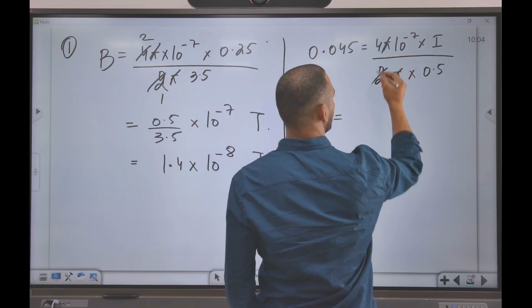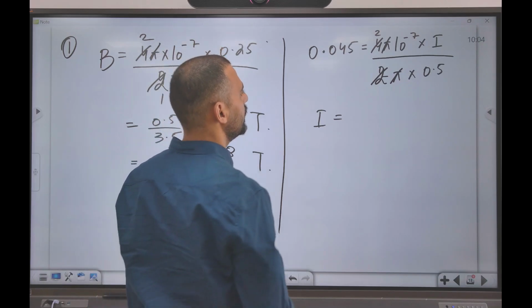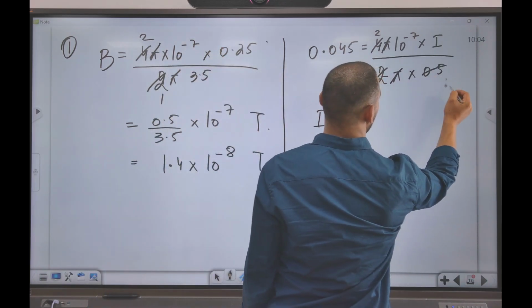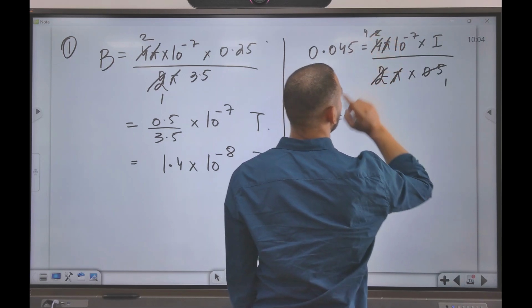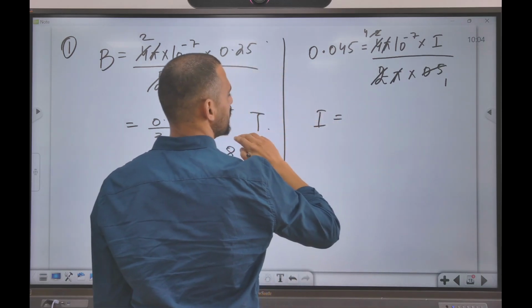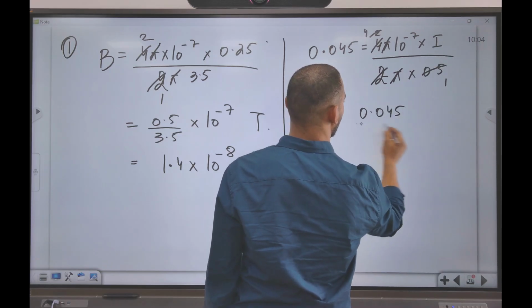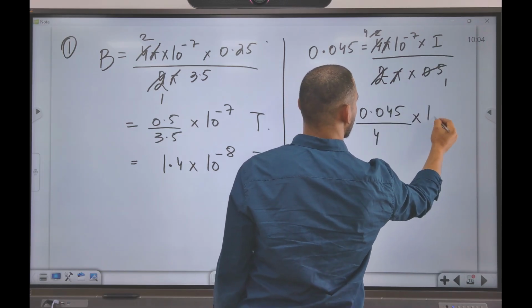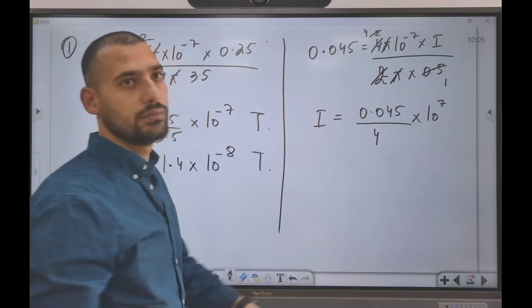Pi will go to 1R to 2R. So this will be 1R, this is 4R. So it is 0.045 upon 4 multiplied by 10 to the power 7. Tell me the value.